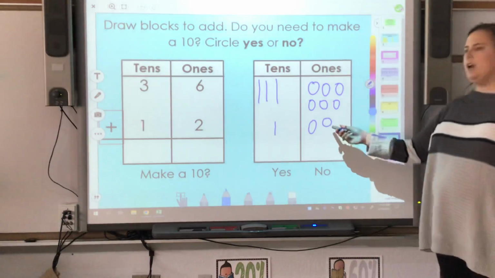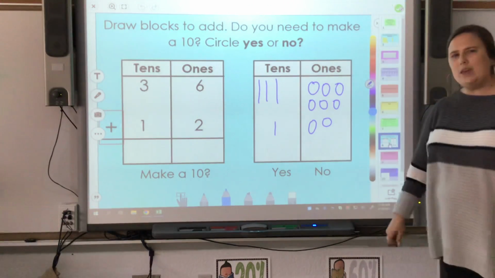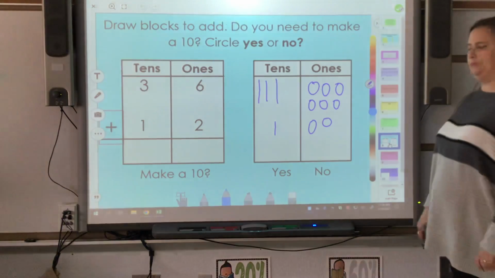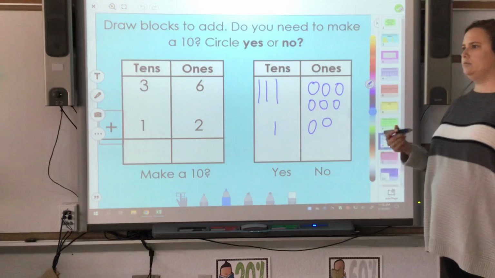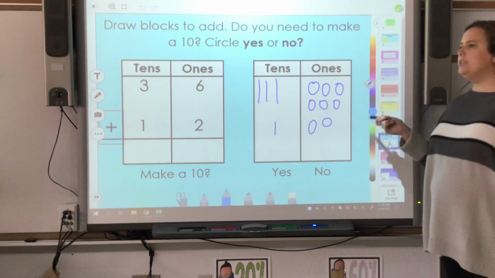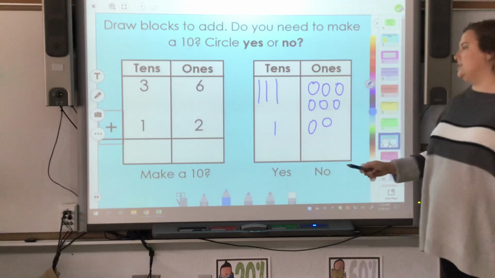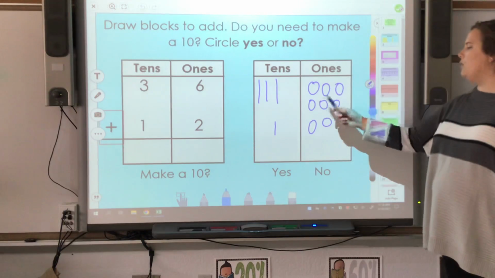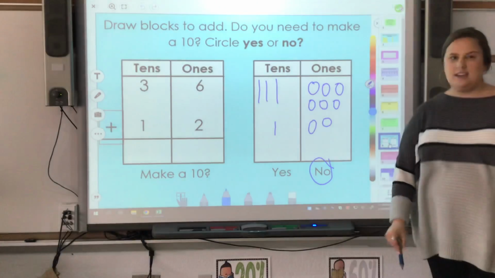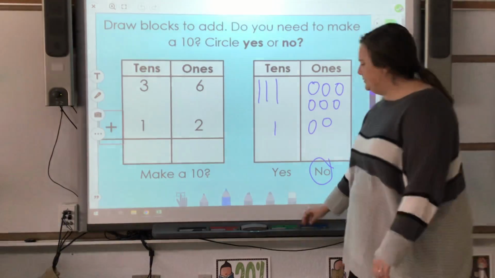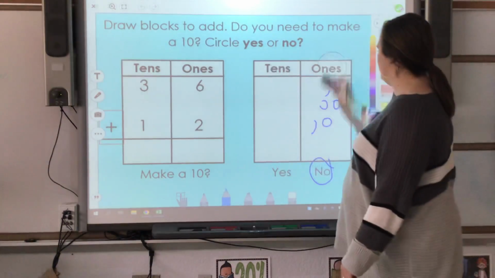So I want y'all to look right here and see if we can make a 10 out of these. If you said no, that's the right answer, because 1, 2, 3, 4, 5, 6, 7, 8 does not make a 10. Good job, friends.